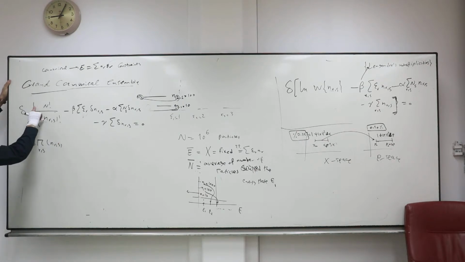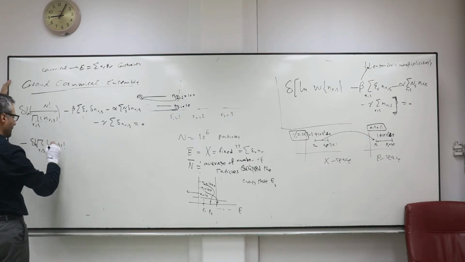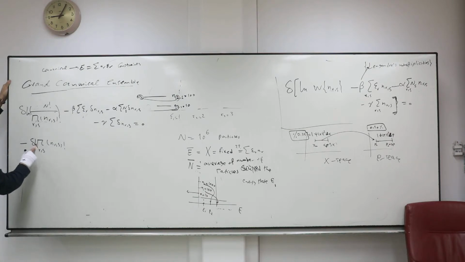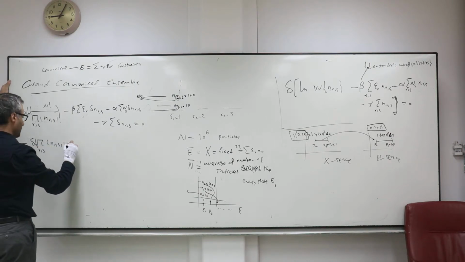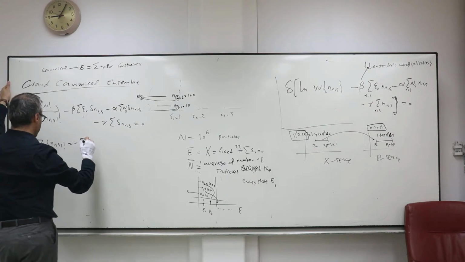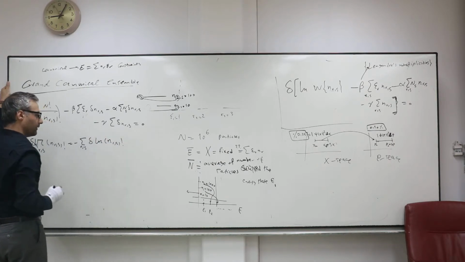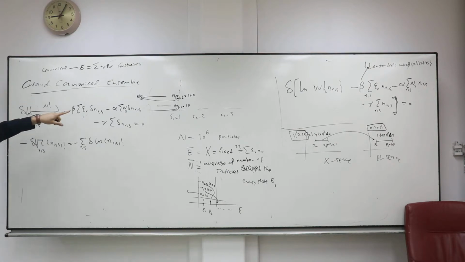Sorry, we need the logarithm of this because it's a big number. Logarithm. Minus the variational logarithm pi will be minus sigma rs variational n rs factorial. Just the first term because the other terms are easy. They have nothing to do with them.